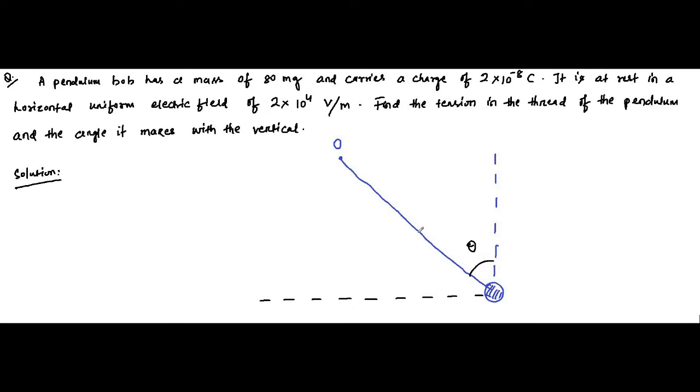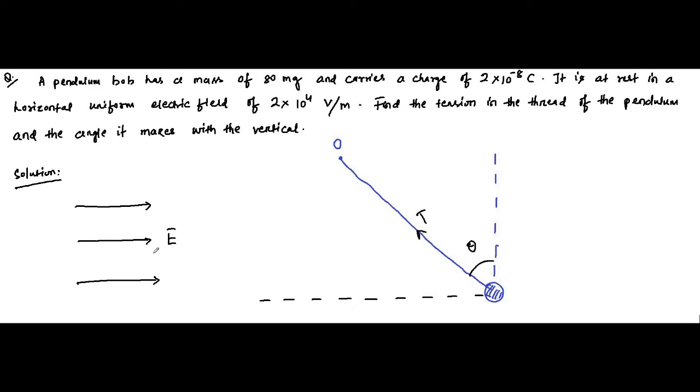Let the tension in the thread be directed like this. This is the tension in the thread. Now it is suspended in a uniform horizontal electric field, like this. The electric field is horizontal and uniform.